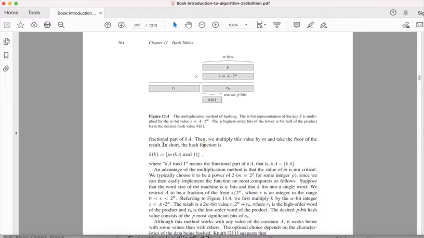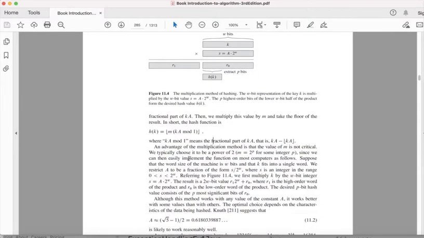So in short, the hash function is like this: h of k equals floor of m times (ka mod 1).